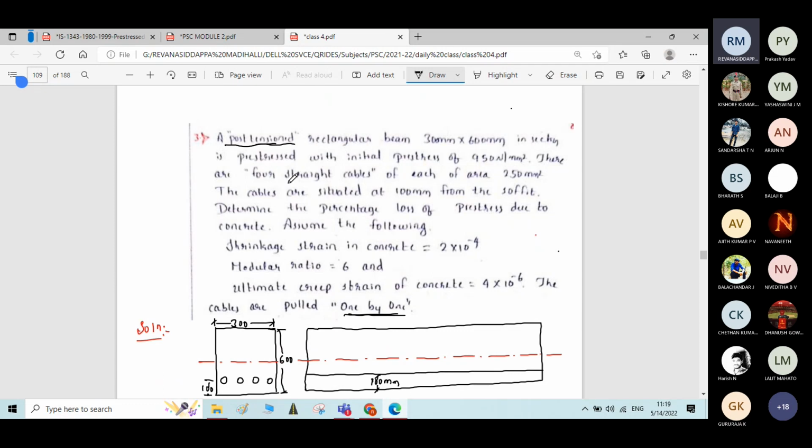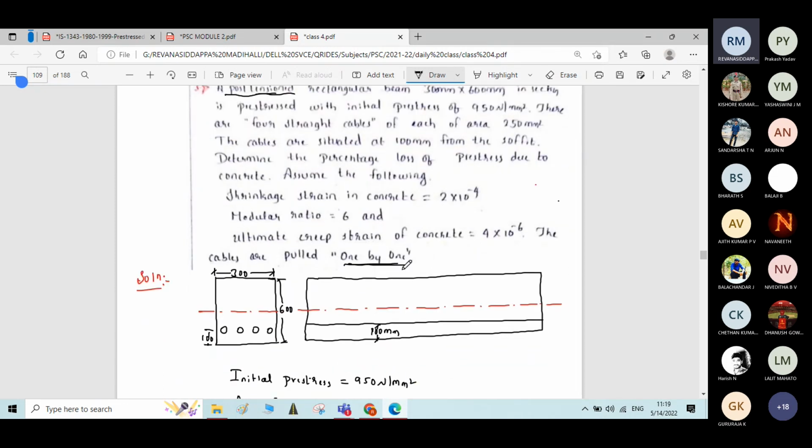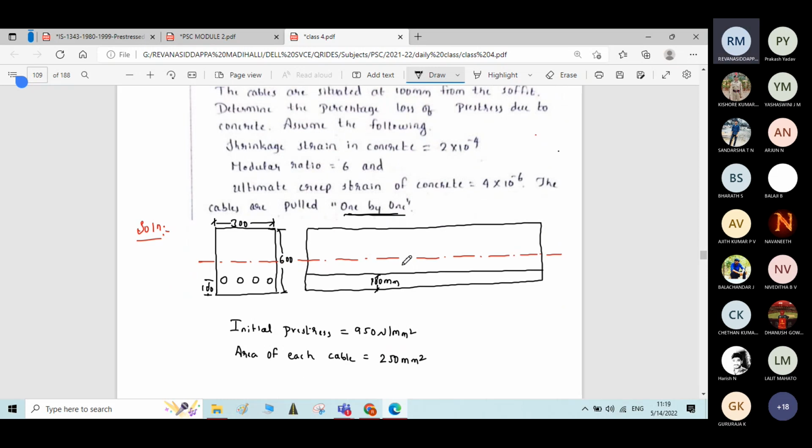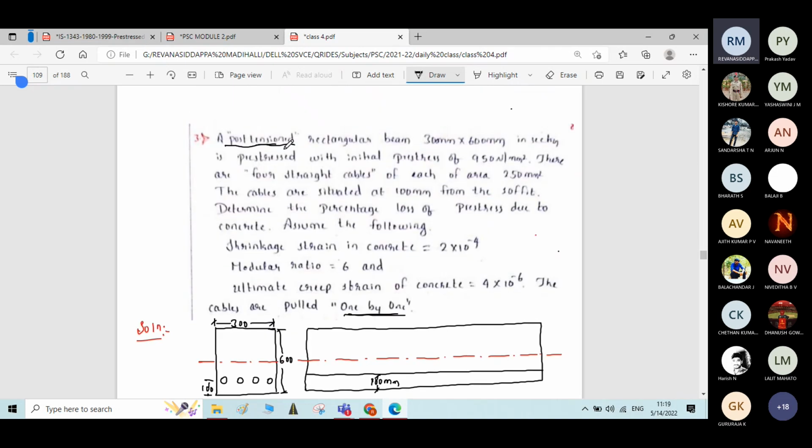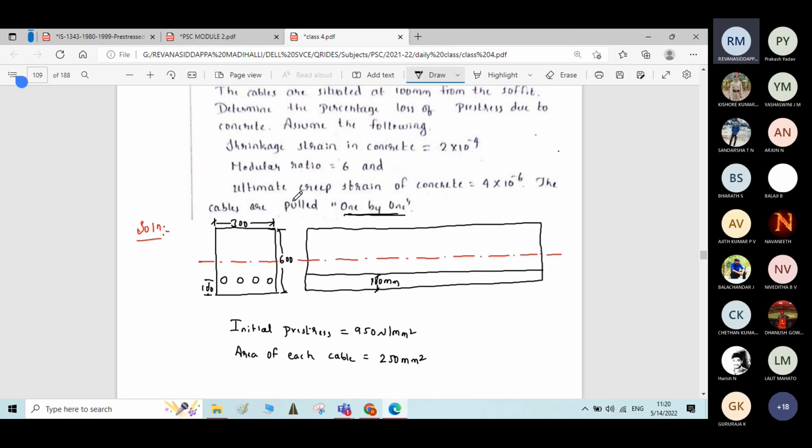You should also see whether the cables are pulled one by one or simultaneously, or whether jacking is provided at only one end or both ends. All these things you need to see, and you need to solve the problem accordingly, because the calculation varies depending upon the type of beam, the jacking, and the type of pulling of the cables.